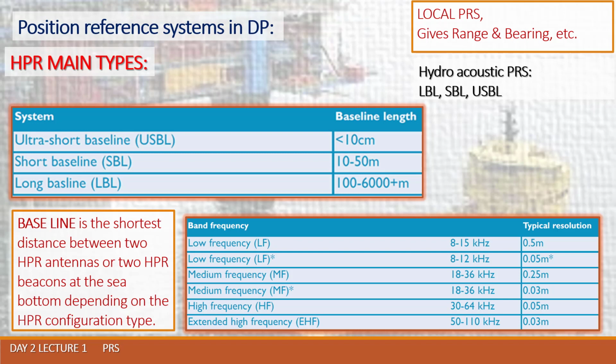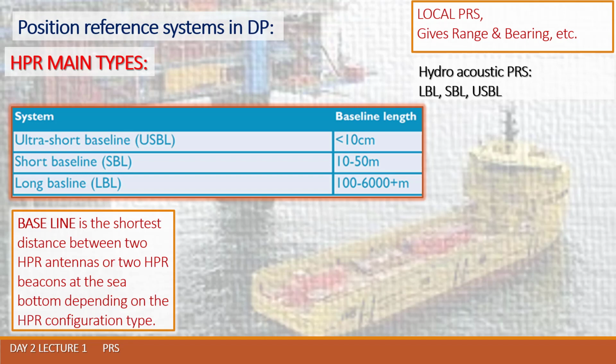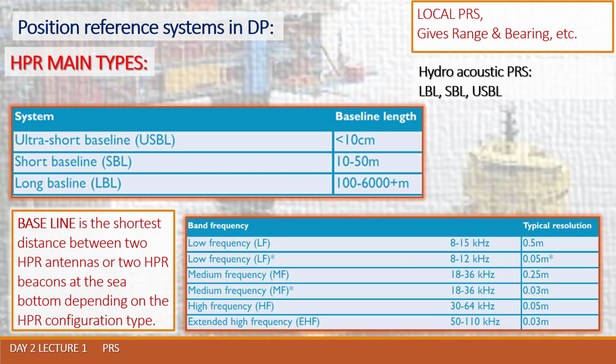Extended high frequency varies from 50 to 110 kilohertz with a typical resolution of about 0.03 meter. So at the moment, that is enough to cover the main typical baseline length and resolution parameters.